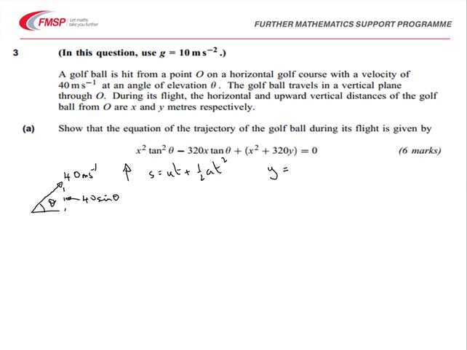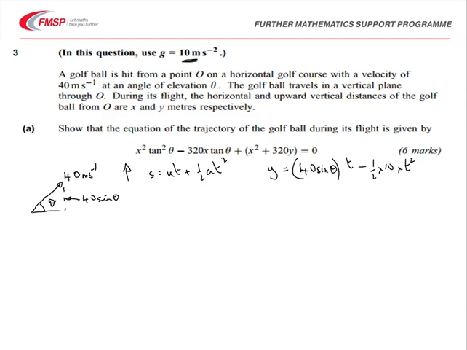So y equals 40 sine theta multiplied by t, and then the acceleration we're told is 10 meters per second squared, so it's going to be negative, of course, as it's acting downwards: negative 1/2 multiplied by 10 multiplied by t squared. So that's the equation for y.